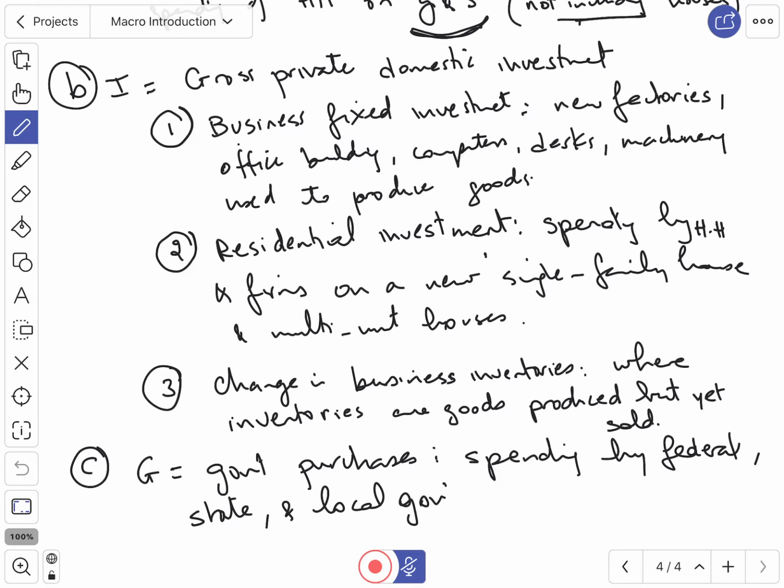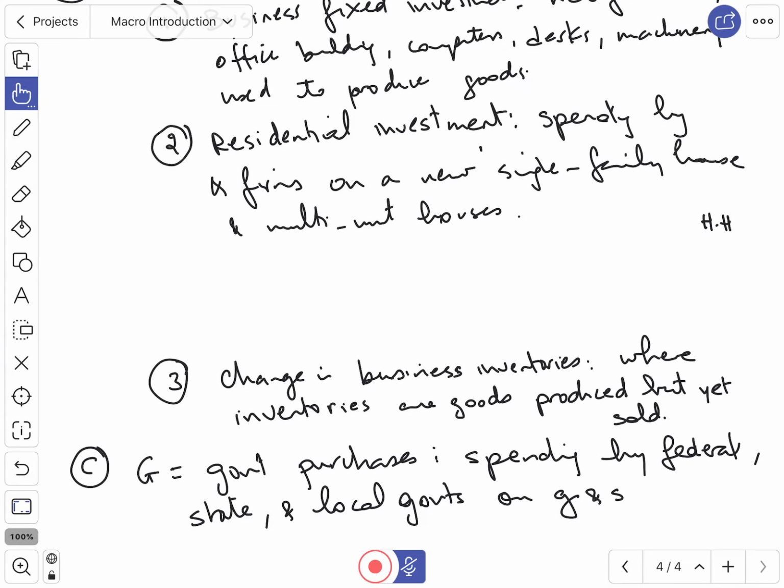These are different components of government, spending on goods and services. Let's say they pay for teachers' salaries, highways, hospitals, and so on.